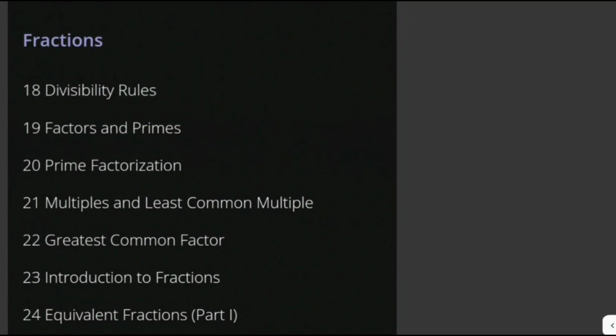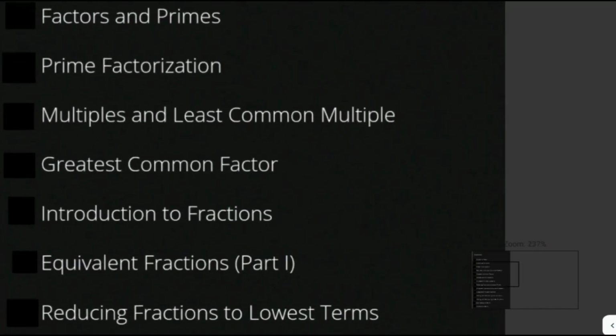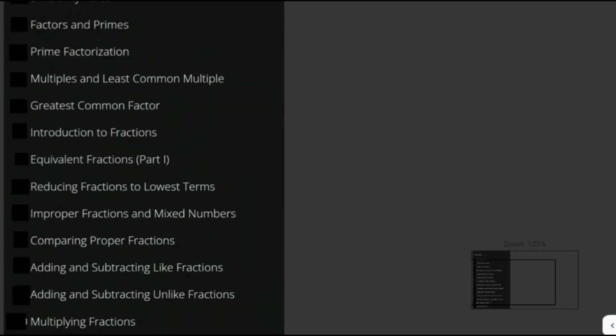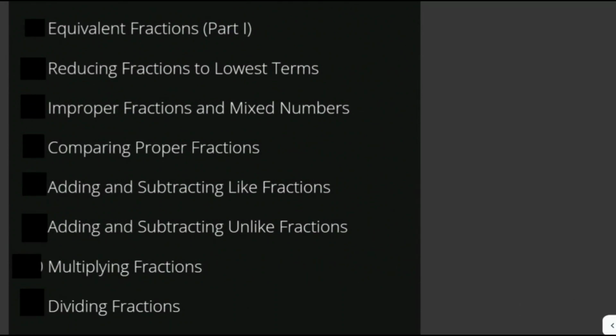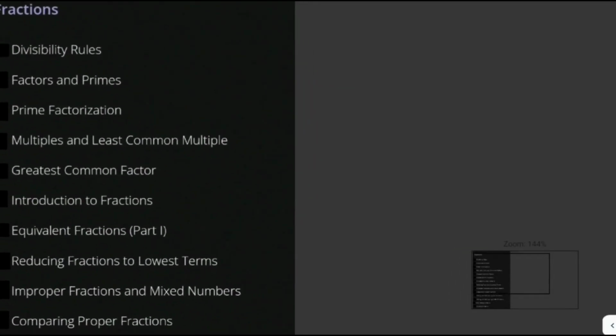And for fractions, you need to review divisibility rules, factors and primes, prime factorization, multiples and least common multiple, greatest common factor, introduction to fractions, equivalent fractions, reducing fractions to lowest terms, improper fractions and mixed numbers, comparing fractions, adding and subtracting like fractions, adding and subtracting unlike fractions, multiplying fractions, and dividing fractions.